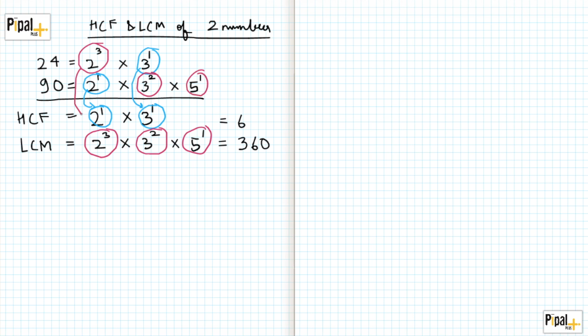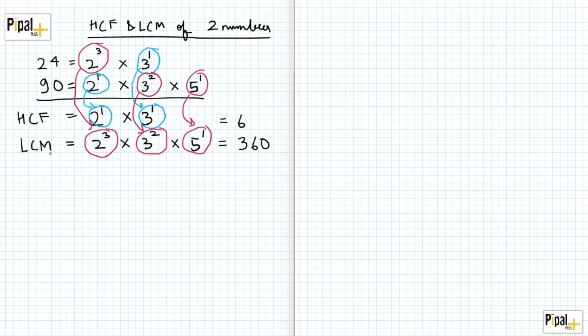So the point I'm trying to make is that all the prime factors inside the first number and the second number are simply redistributed into HCF and LCM. So there's nothing inside HCF and LCM which has been left out, and nothing which has additionally come in.